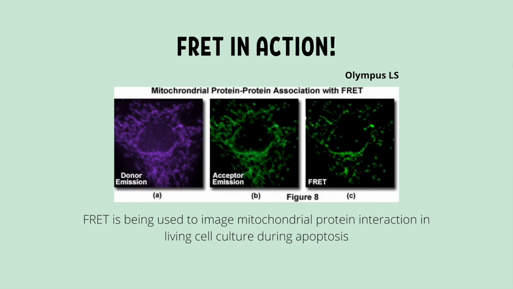From these images, you can see that they display a gradual decrease in binding as programmed cell death, or apoptosis, proceeds. This microscopic image shows that the picture on the left is donor emission, or BFP. In the middle, it's only acceptor emission, or GFP, and then the FRET emission is imaged on the right. So it's important to note that they use separate filters for all of these images.